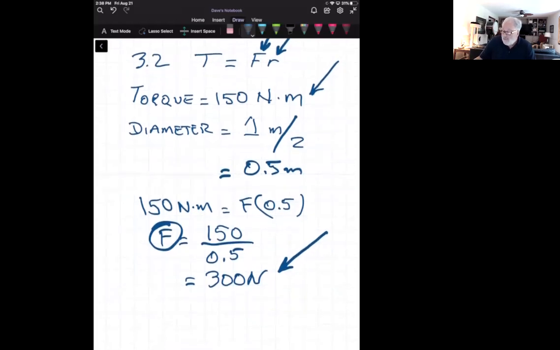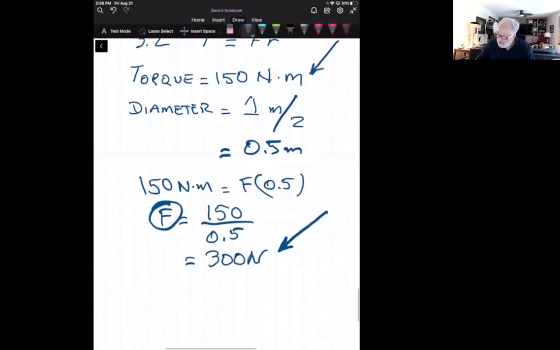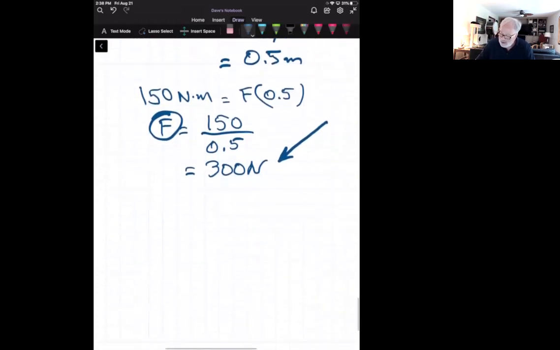Or if I wanted to think, what is the torque if I apply a force of 300 newtons to a radius of 0.5 meters? I get 150 Newton meters. So it's saying the same thing. Sometimes we want to brake a motor, sometimes we want to accelerate a motor, so it depends on what stage we are in the motor application.